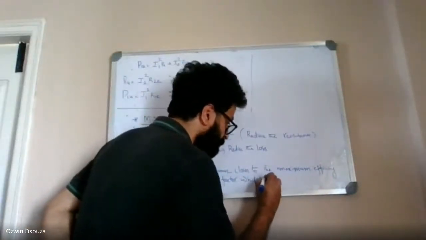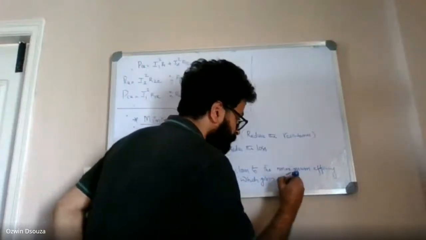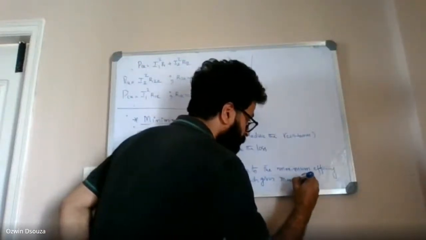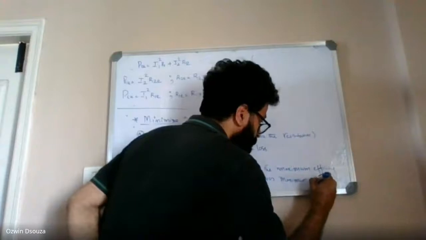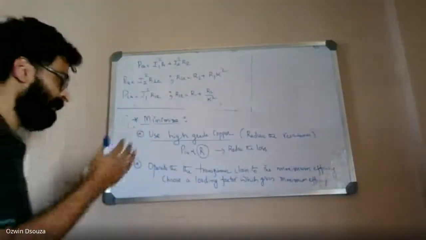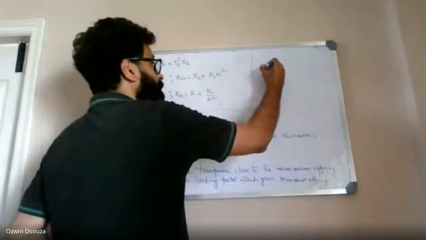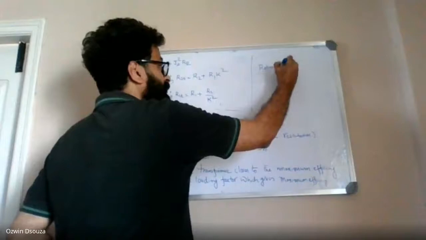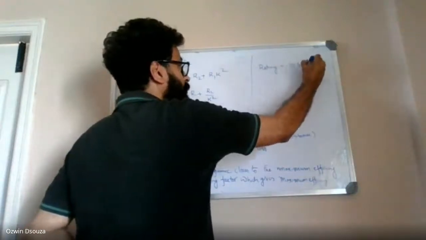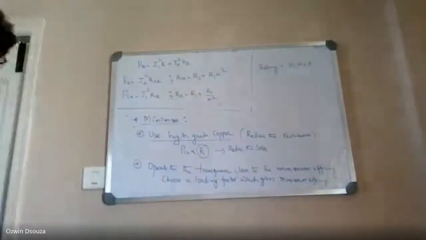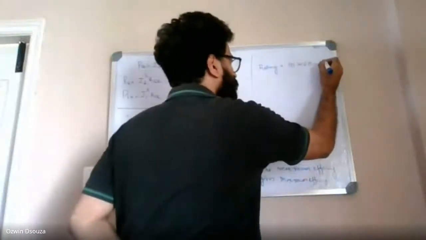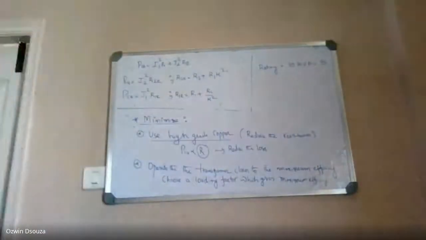Okay. The alternate way of stating this statement is something like, choose a loading factor which gives maximum efficiency. Okay, maximum efficiency. That means to say, let's say, for example, your transformer rating is 10 kilovolt ampere, which is nothing but apparent rating. Okay.